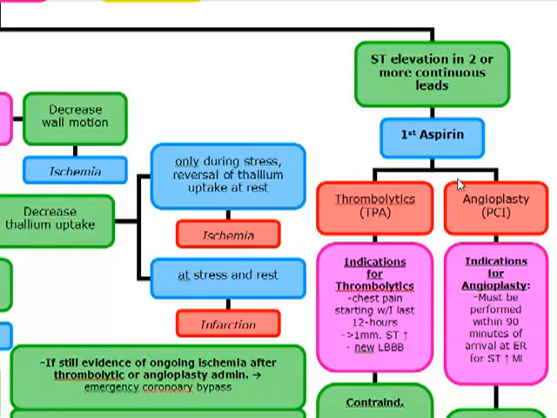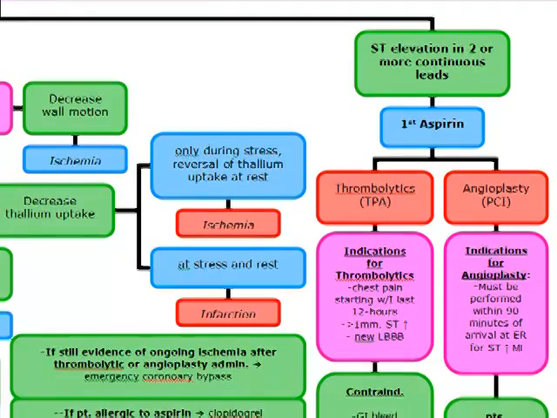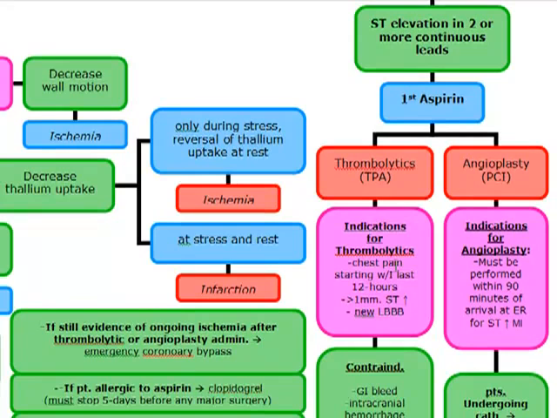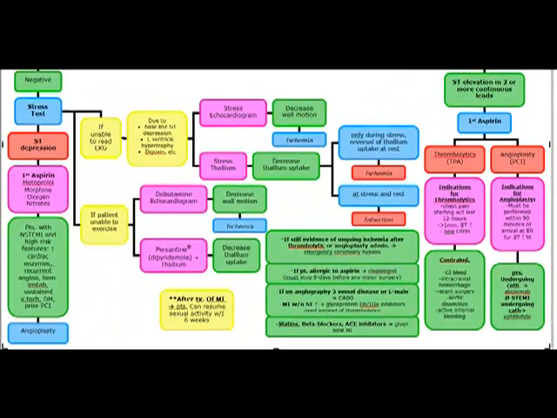TPA is not as indicated as angioplasty because there's criteria for TPA. It's most effective if given within 6 hours, and it's effective for up to 12 hours. Okay? Your indications for thrombolytics include chest pain starting within the last 12 hours, over a 1 millimeter ST elevation, and a new left bundle branch block.